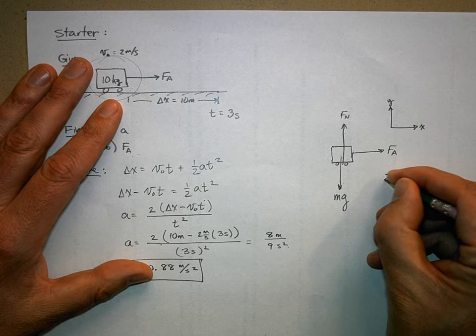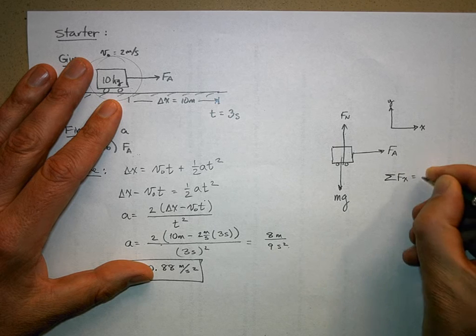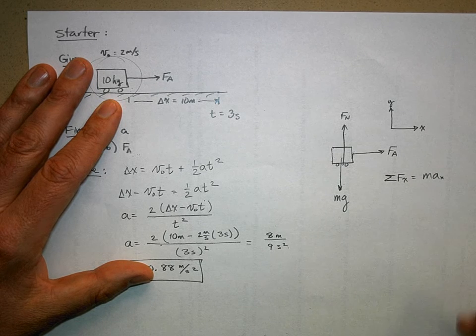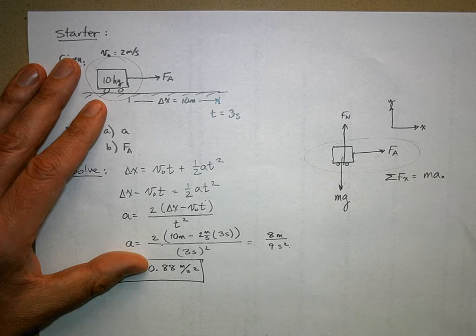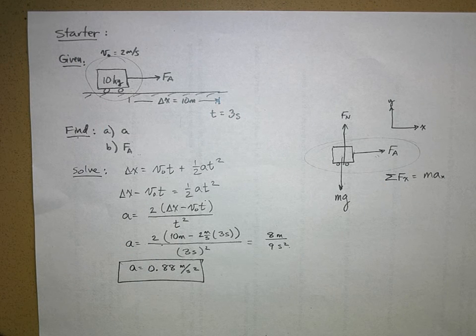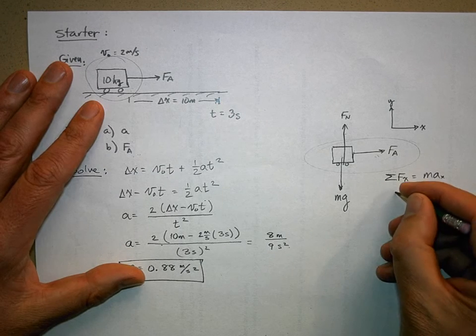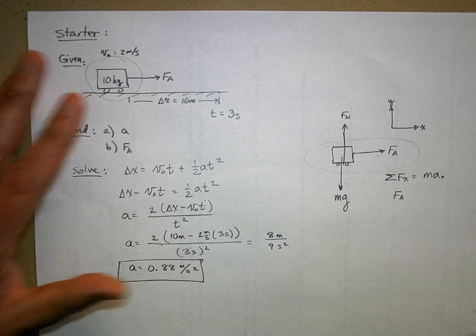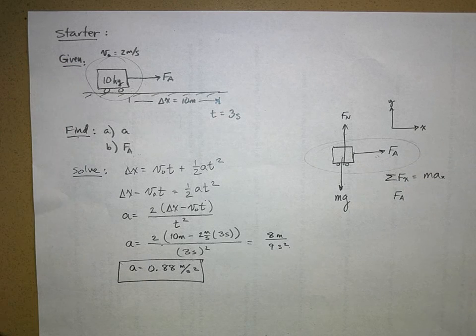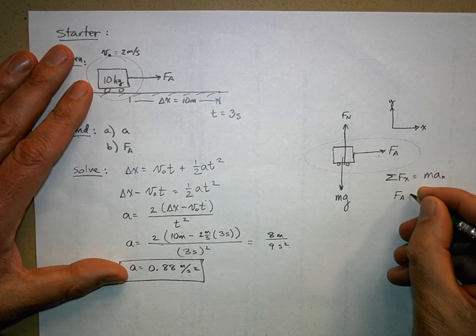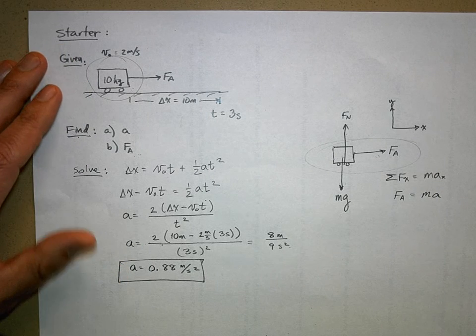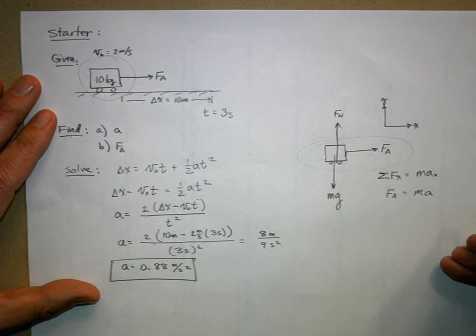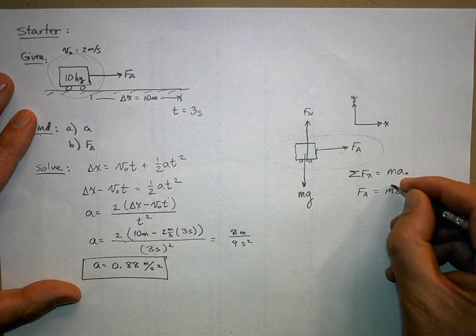well, if I sum the forces in the x direction, that will be equal to ma in the x direction. But then I look and I say, hey, there's only one force in the x direction. So that's my applied force. Therefore, that applied force is the net force. So it's going to be equal to ma. And I know what m is, it's given, and I know what a is.